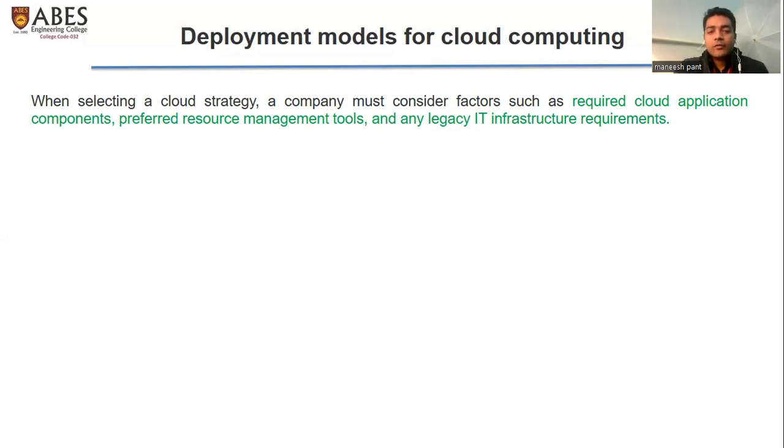What is the legacy IT infrastructure? Anything before cloud computing came is roughly considered legacy IT infrastructure. For example, say Infosys is an IT company, and before cloud computing came, they might have had large infrastructure on premises, meaning large server rooms and on premises software management tools.